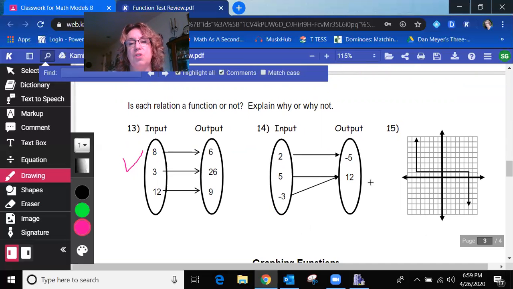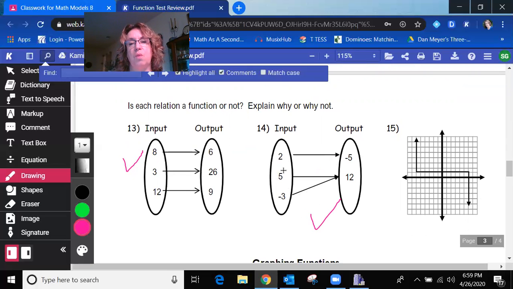Now, this is the one that gets tricky. You want to make sure that this 5 is only connecting with 1, and the 3. They happen to go to the same one, but that's okay. What you can't do is have the 5 go over here twice. If it did that, it would not be a function. This one is okay.